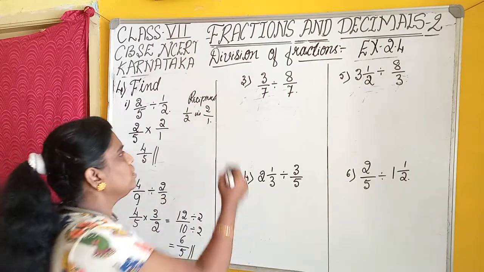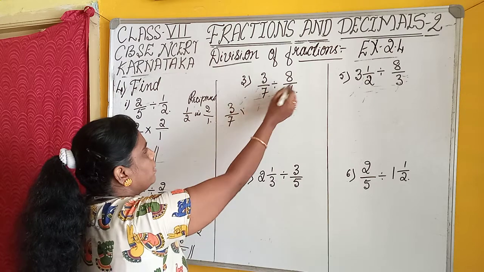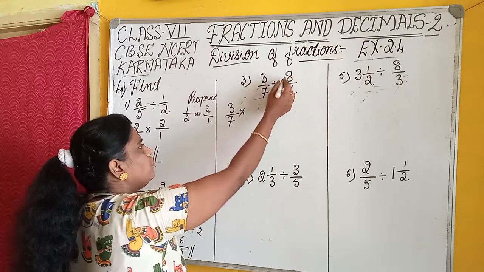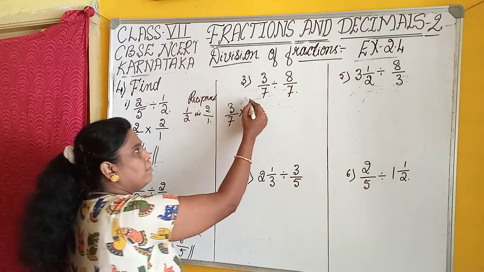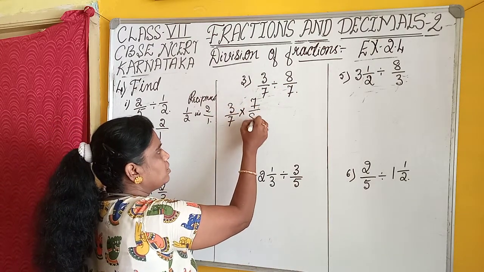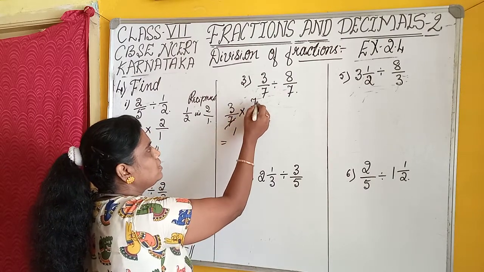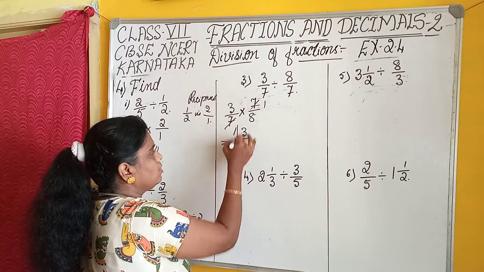Okay, next 3 by 7 divided by 8 by 7, therefore it is multiplied by the reciprocal of 8 by 7. The reciprocal of 8 by 7 is nothing but 7 by 8. That is equals to, here you can cancel, 7 ones are, 7 ones are. The remaining is 3 by 8.